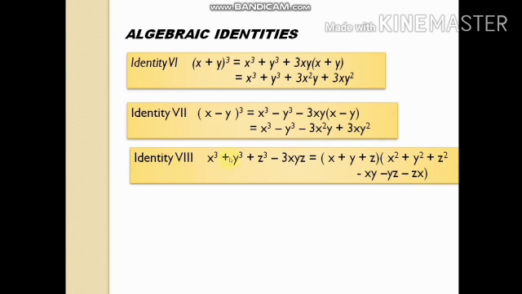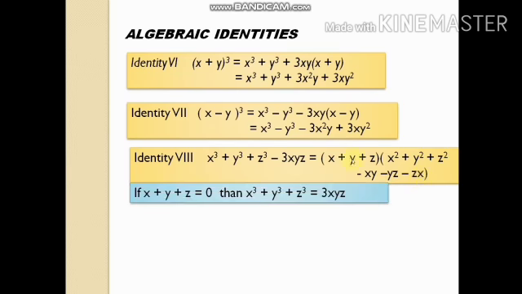Eighth identity is x cube plus y cube plus z cube minus 3xyz equals first bracket (x plus y plus z) into second bracket (x square plus y square plus z square minus xy minus yz minus zx). And if we substitute x plus y plus z equals 0 in this identity, you will get x cube plus y cube plus z cube equals 3xyz.